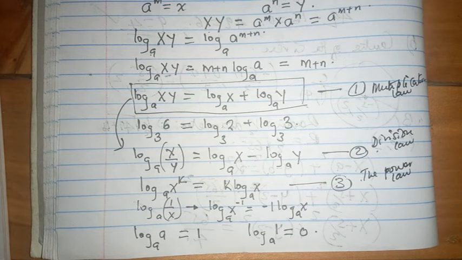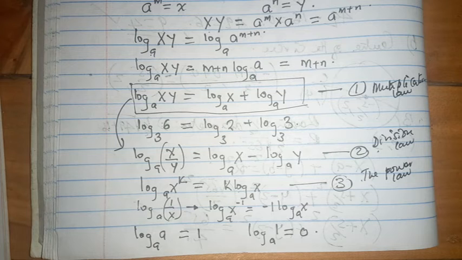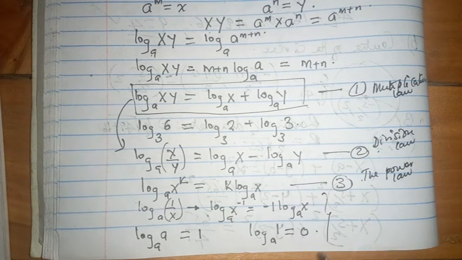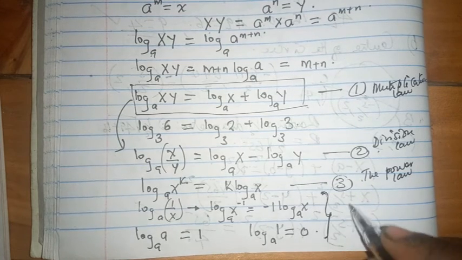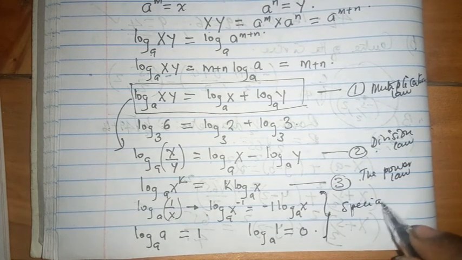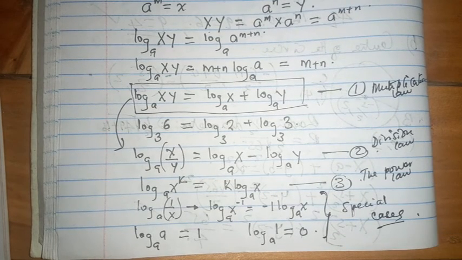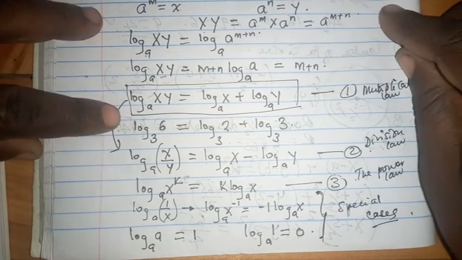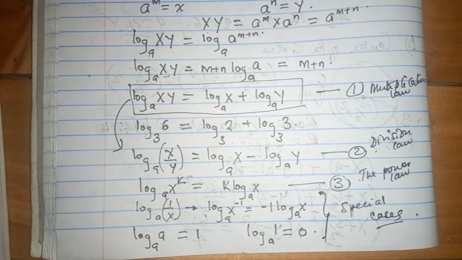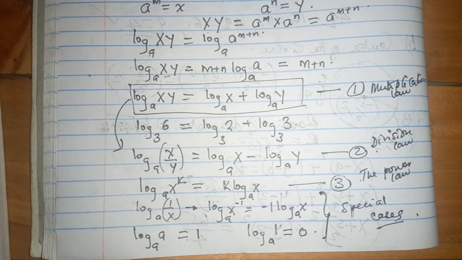The rest are generated from these. The others, we call them special cases. Those are basically the laws of logarithm. So please be on the lookout on how we are going to apply them in solving questions.